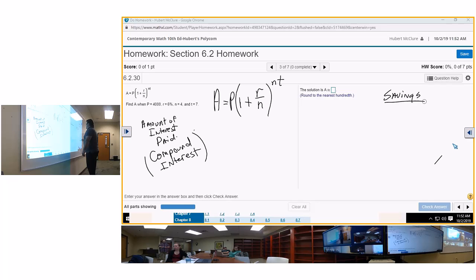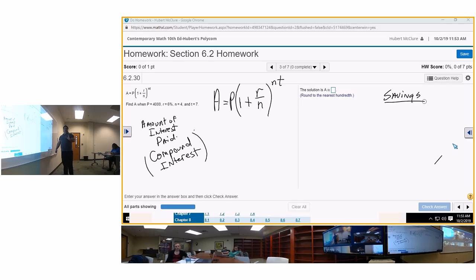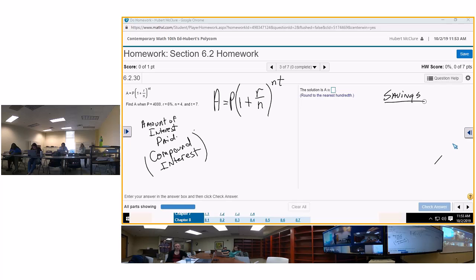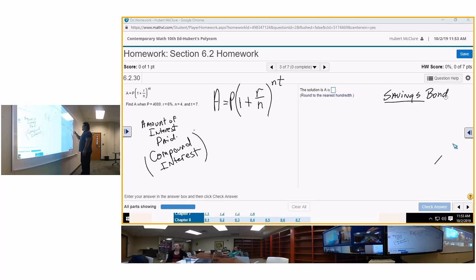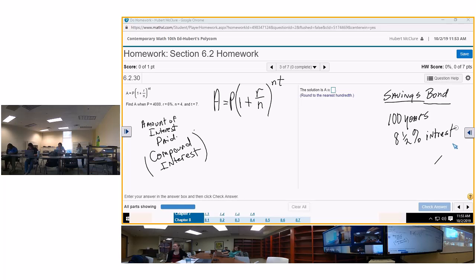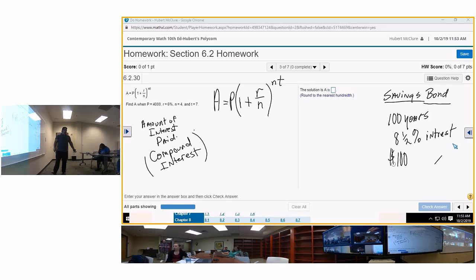Frank Myers, that was his name. He had a savings bond. Is everybody listening? Savings bond that was sold to him 100 years ago at 8.5% interest. And I believe it was for $100. Okay? Everybody with me? So the town of Mayberry, he cashed it in because he wanted to pay his taxes.